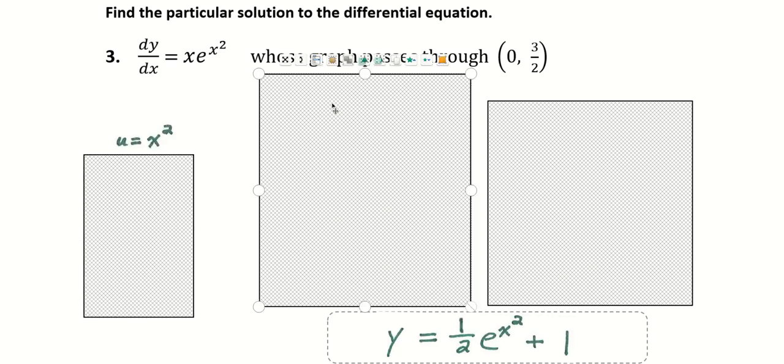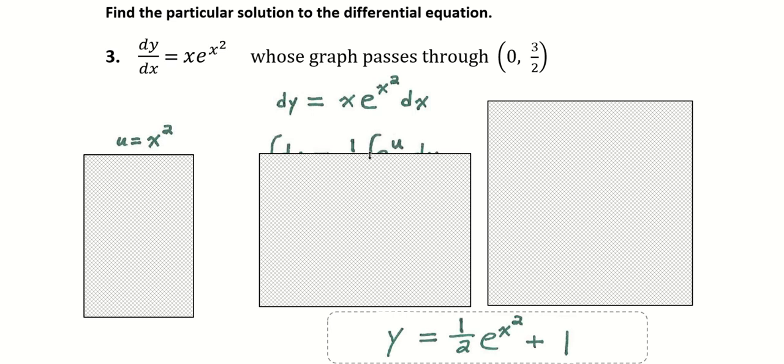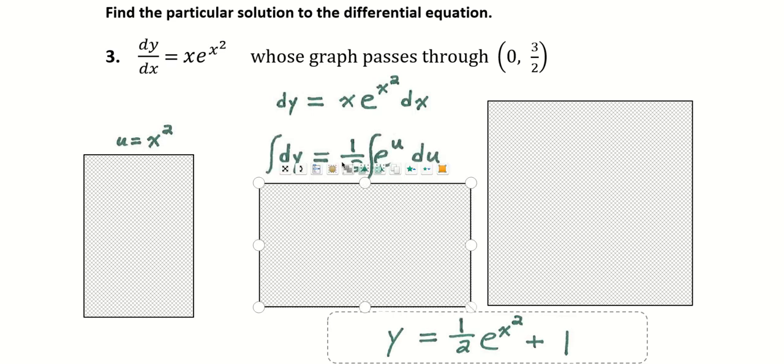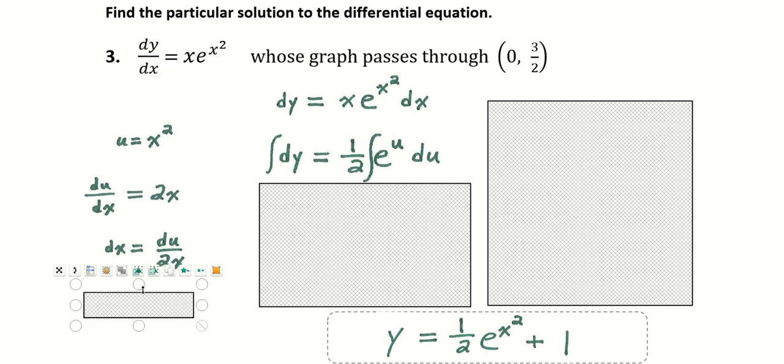By letting u equal x squared. And then when we let dx get replaced with du over 2x, this x cancels, and we also have a 1/2 involved when we do this substitution.